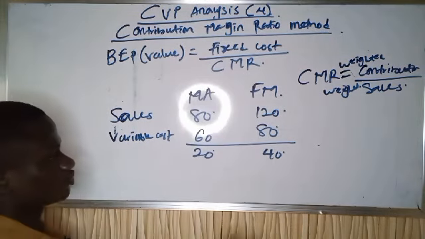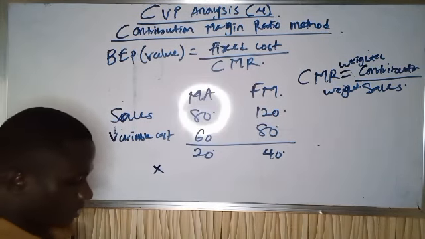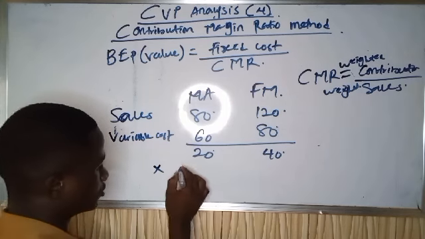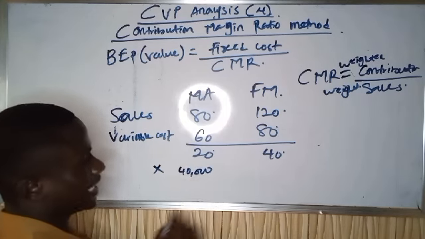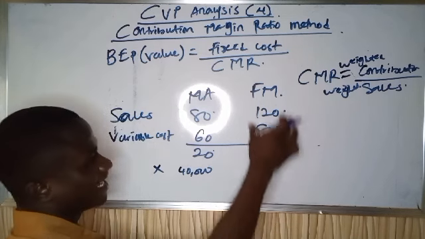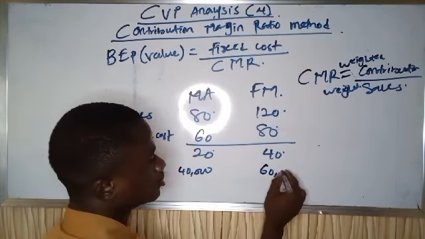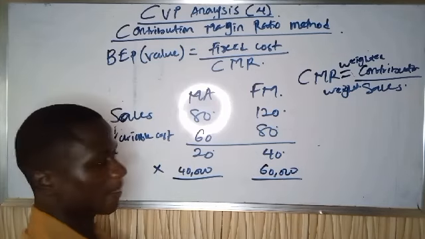So contribution of 20 naira multiplied by the sales units produced, which is 40,000, and for FM, contribution of 40 naira multiplied by the 60,000 that has been produced.